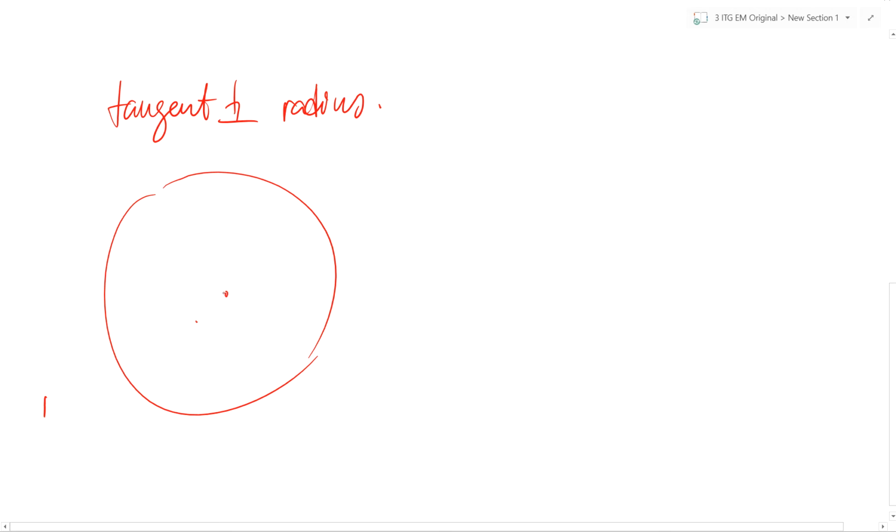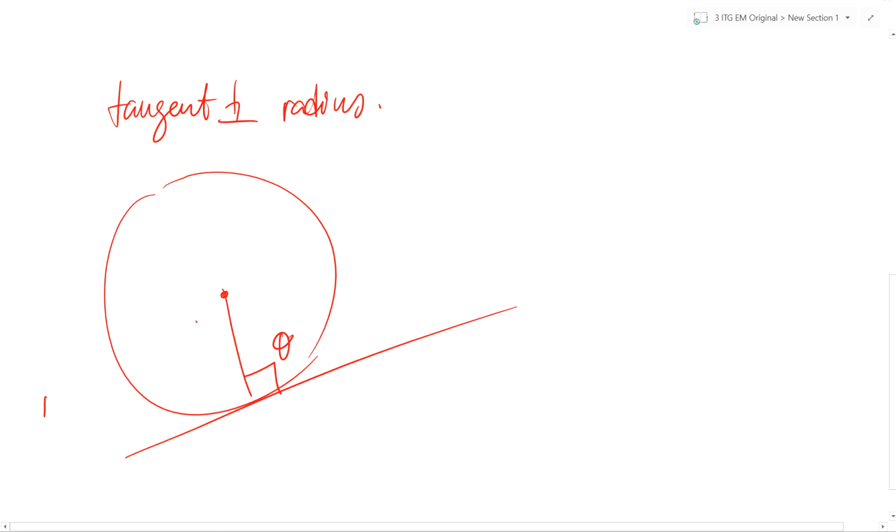Okay, next. So we just discovered something else. It is called tangent perpendicular to radius. So class, every time you see a circle, I draw a radius, I draw a tangent line, you will automatically tell me that this is 90 degrees already. Okay?